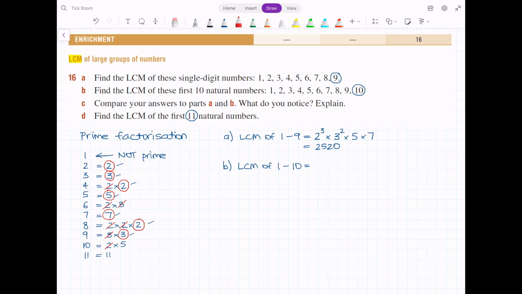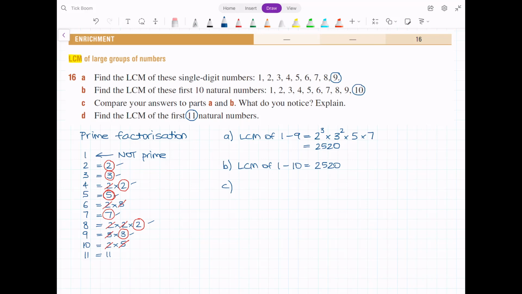And once we circled the first 5, we would have crossed off the 5 in the prime factorization of 10. So actually, given there's no new prime numbers arising when we add this 10th number, the prime factorization would end up the same. It would also be 2,520. Boom!